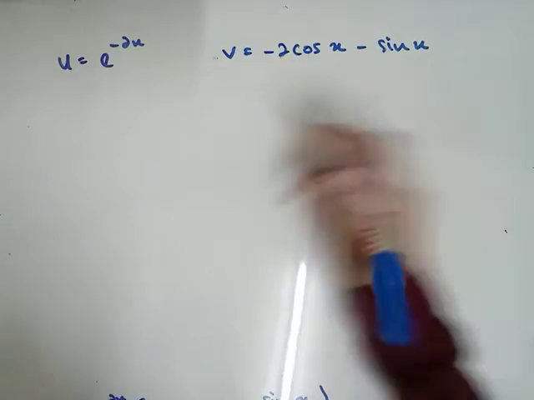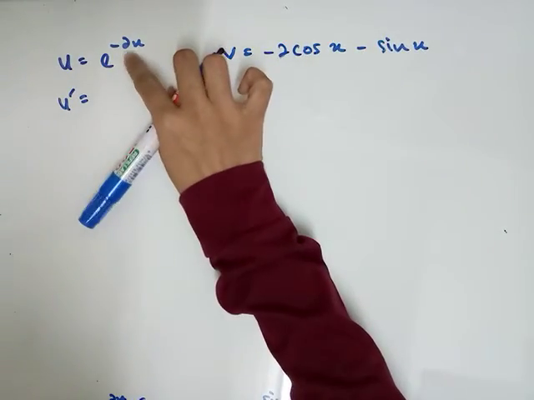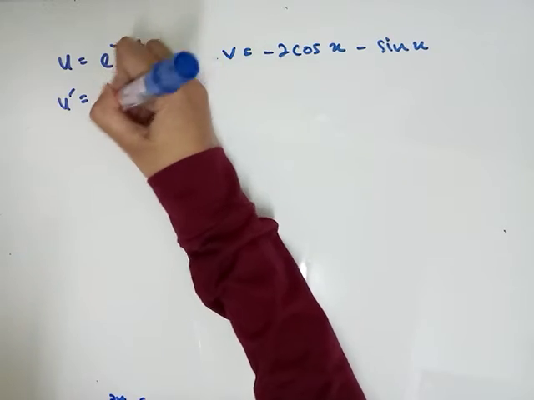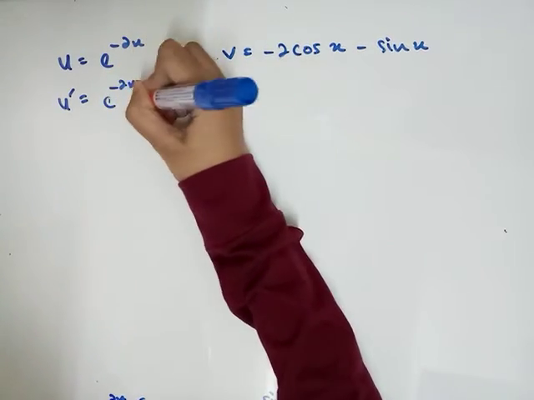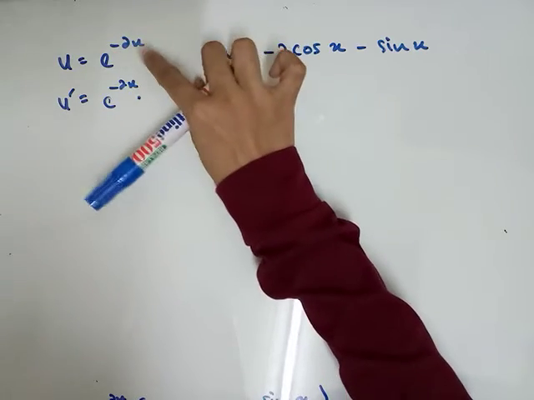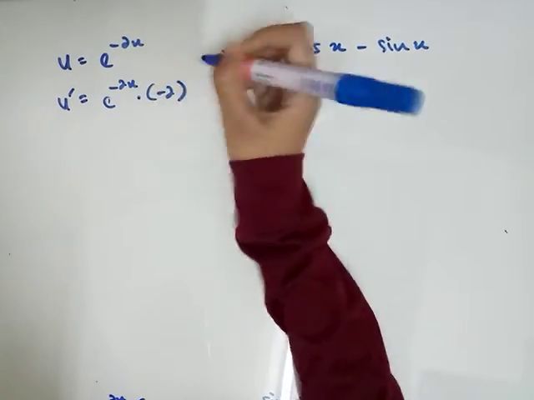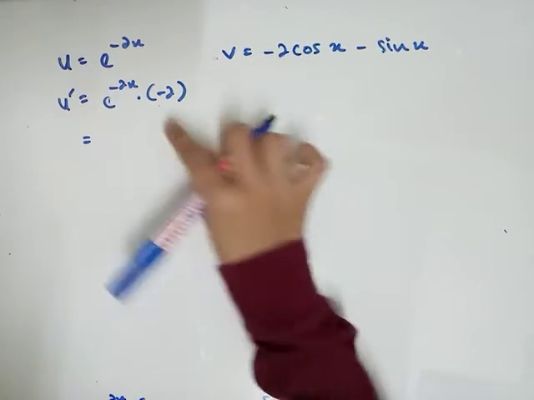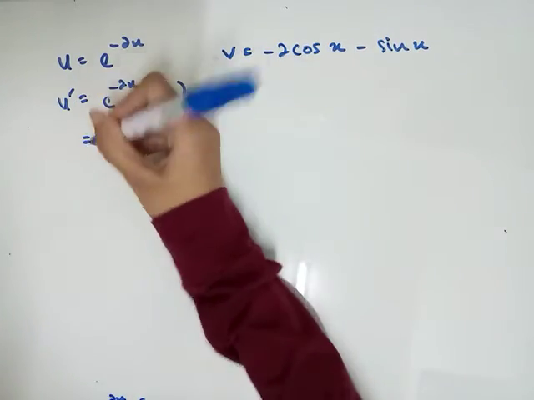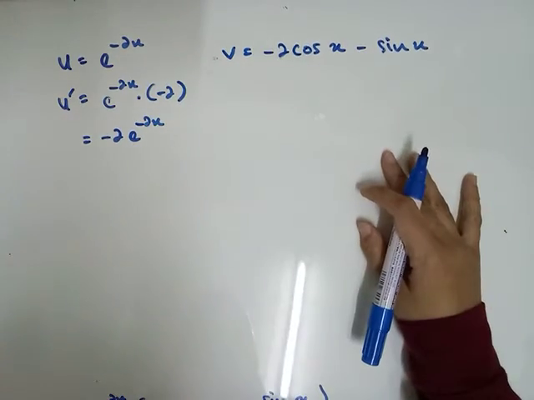Okay, and then differentiate u. Differentiate exponent negative 2x, still you get exponent negative 2x, but then you need to differentiate the power. Negative 2x, differentiate negative 2x, you get negative 2. So negative 2 is a constant, bring in front: negative 2 exponent negative 2x.